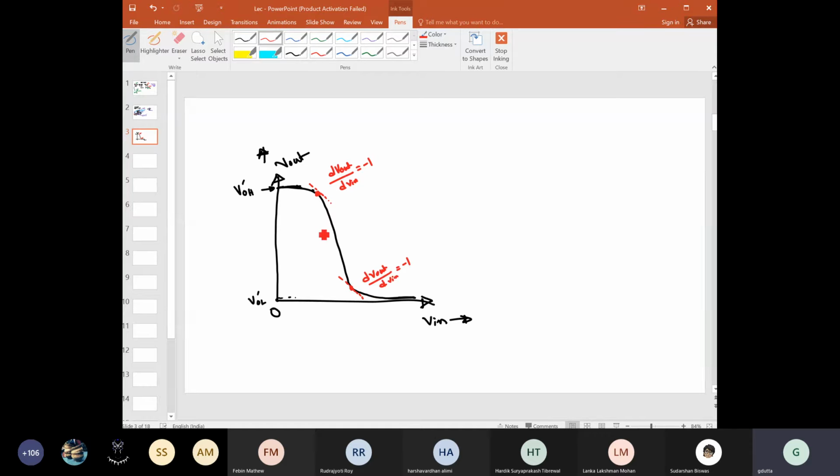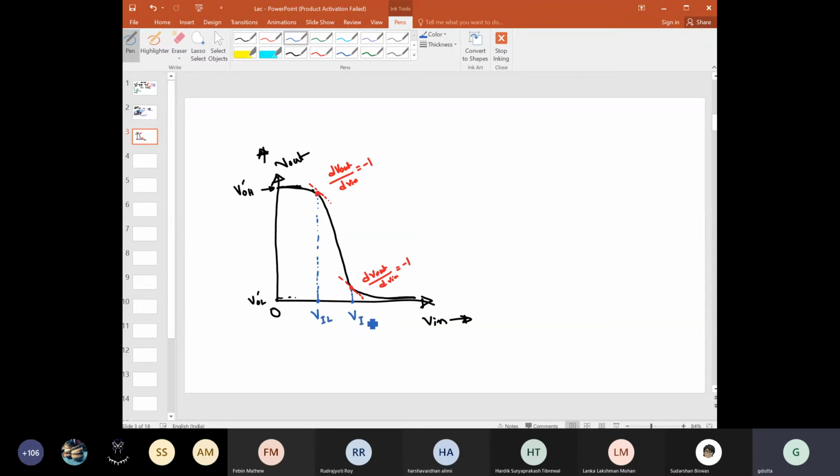Now if we take a perpendicular line from here to the x-axis, then that will cut the x-axis at some point. Here also we will do the same thing. We'll see why we are selecting -1 a bit later, but today only. So this point we say is VIL, and this point is VIH.